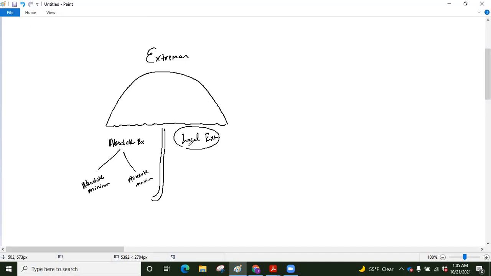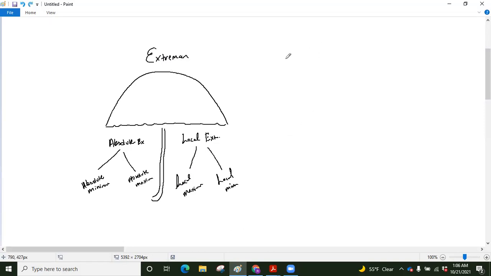The same applies here: if you have a local extremum point, you could have a local maximum, or you could have a local minimum. So when someone says extrema, they could be talking about absolute extrema or local extrema, and since they could be talking about local extrema, they could be talking about a local max or a local min.